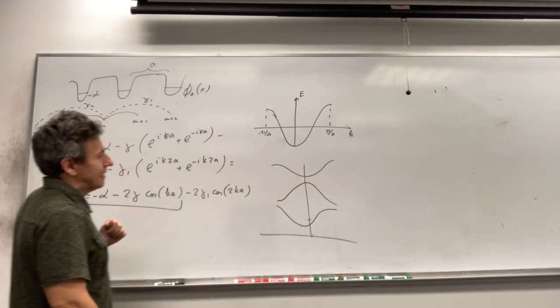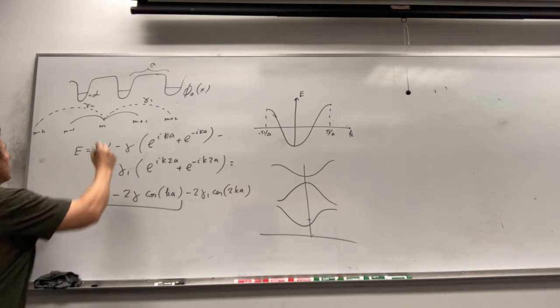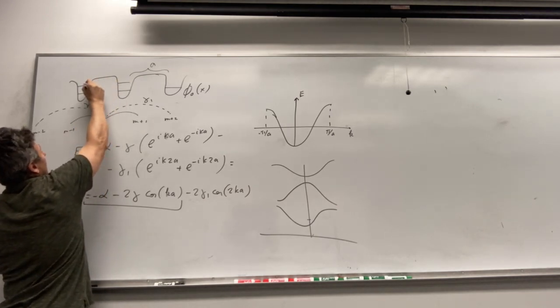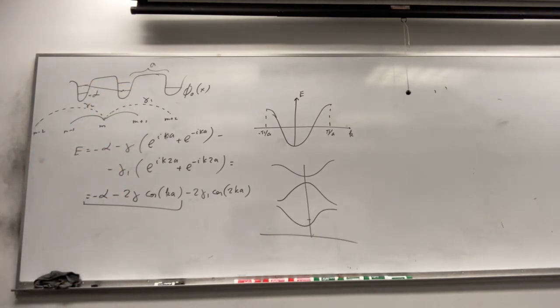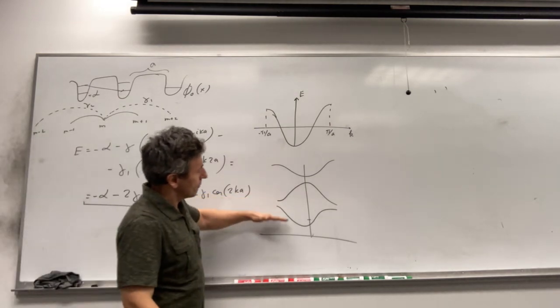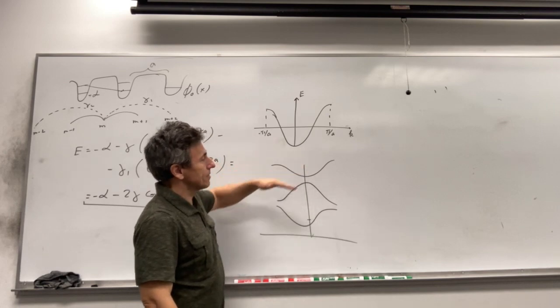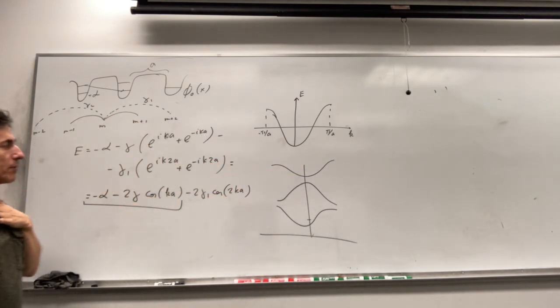And we assume that the coupling between S and P states, for example, we have some other state here, this type of coupling is very weak. Again, it's an approximation, but it means that this will be some kind of independent band, so we don't have any coupling between them.